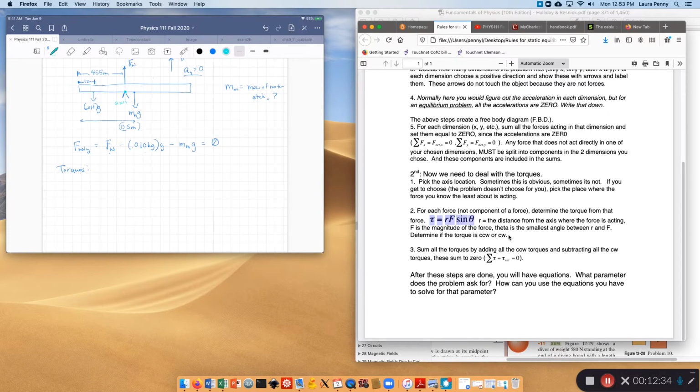So I'm going to go ahead and just start here on the left. I'm going to say, okay, my first torque is the torque from the 10 grams.